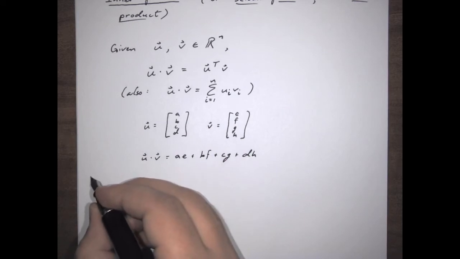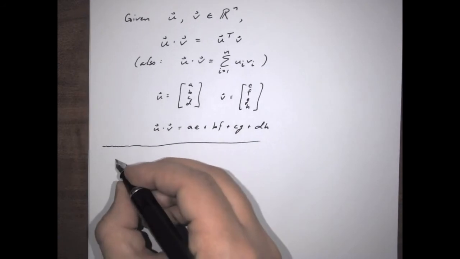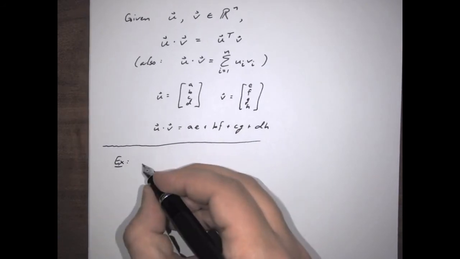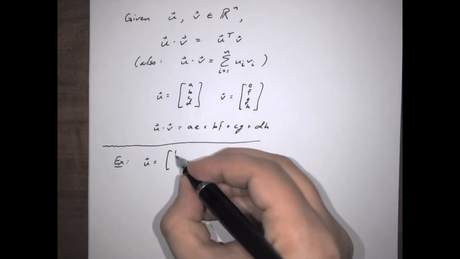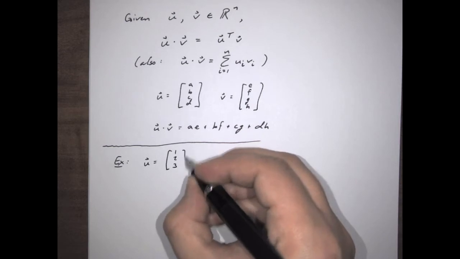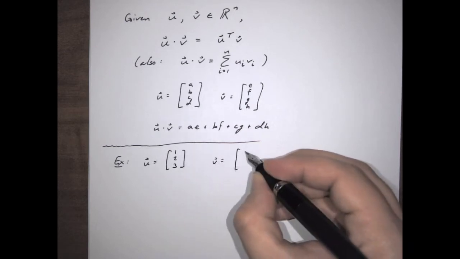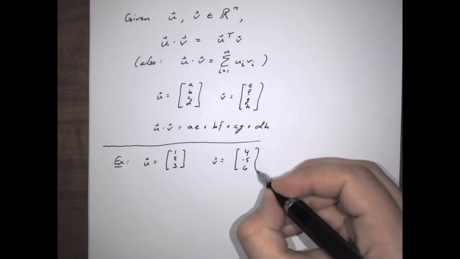Now, as an example of doing something like this, let's just try something. So, example, let's just say that u is equal to 1, 2, 3, and let's say that v is equal to 4, -5, and 6.